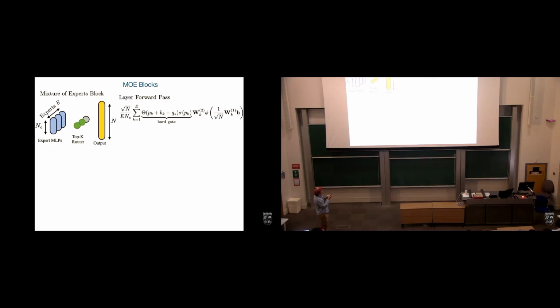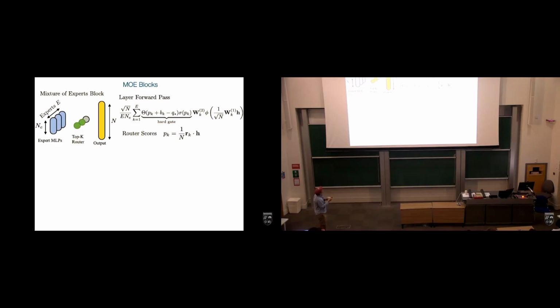And then this theta is a step function, chosen with a threshold, for example, that just selects the top k of these. Per token, this q is a different thing. But then there's a weight matrix. There's basically one MLP, so two layers of weights per expert, W1k and W2k.